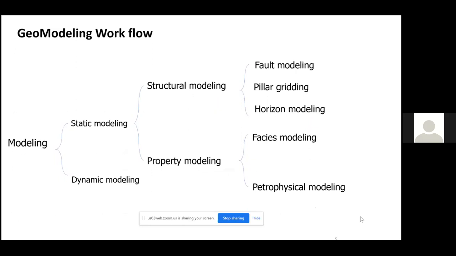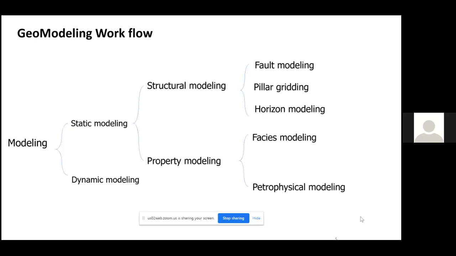Generally, the modeling in petroleum engineering is subdivided into static modeling and dynamic modeling. Static modeling is also subdivided into structural modeling and property modeling. During the structural modeling, we try to reconstruct the trap of the hydrocarbon and also consider the formations and faults, and something else related to structure.